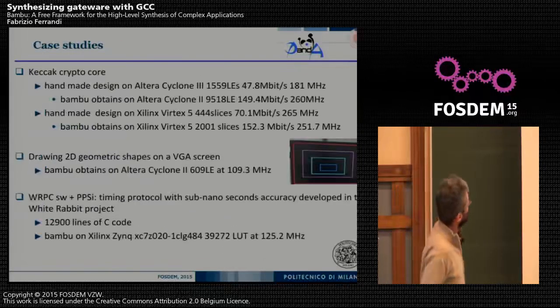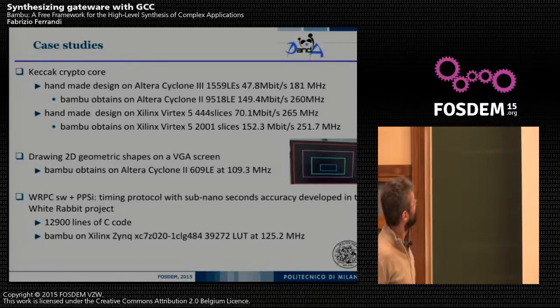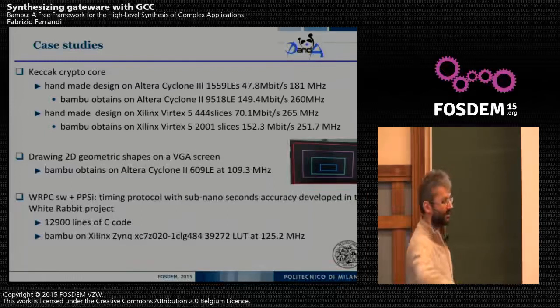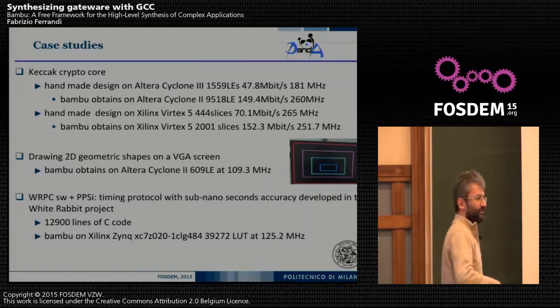Some case studies. So, three examples. Keccak is a cryptocore. It was the winner of the SHA-3 competition performed some time ago. We take the C description and compare it with the handmade VHDL developed by the winner of the contest.